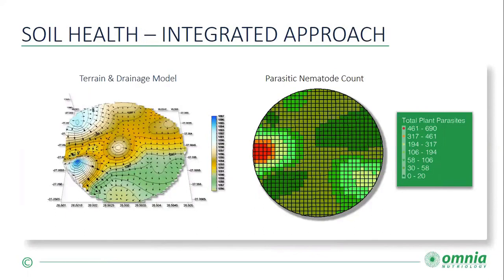Here we have another example of an integrated model. On this specific pivot, we have the differences in elevation in the drainage and terrain model, as can clearly be seen, which correspond to a nematode problem in samples that were then subsequently taken during the growth season. Now imagine adding a biostimulant or biocontrol product to a system like this, where the primary problem is not nematodes, but is rather drainage.